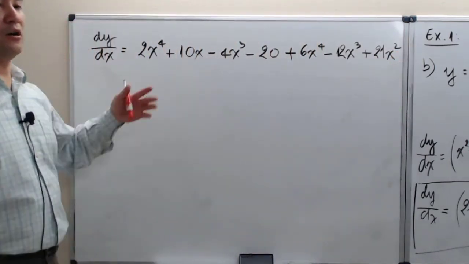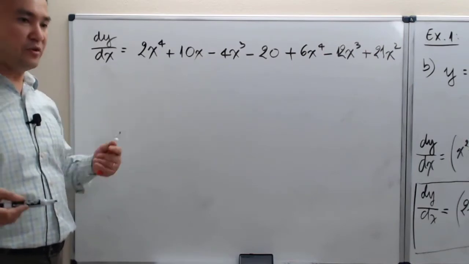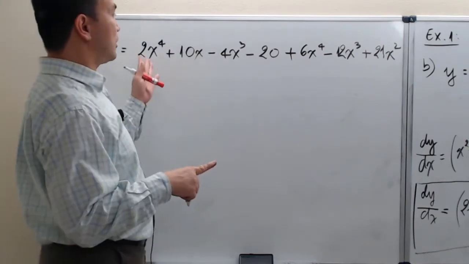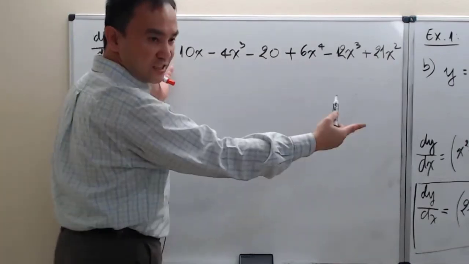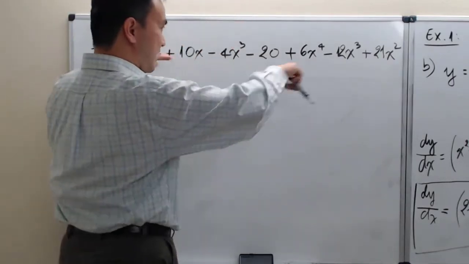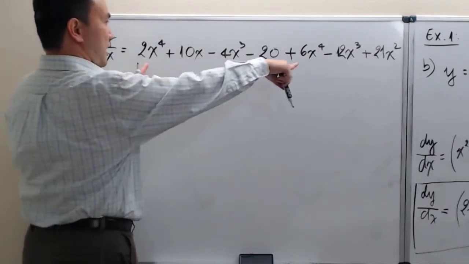Okay, so now all terms are successfully FOILed out and distributed out. So let's now collect like terms. So there are 2x to the fourth, and x to the fourth is the highest power of the entire lengthy thing here. So now I am going to combine these like terms.